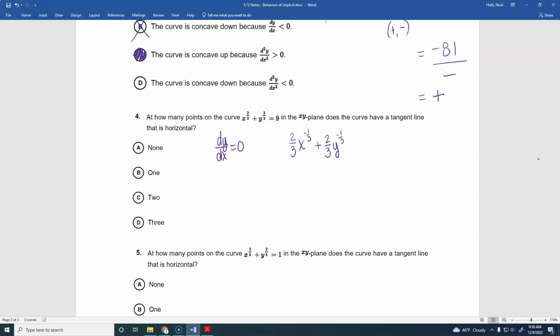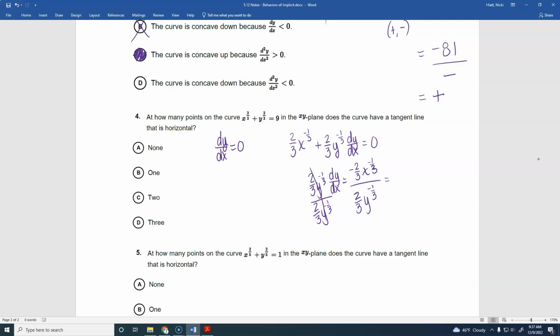It needs something with that second one because we took the dy dx, and that will equal 0 because the derivative of 9 is 0. So if we solve that for dy dx, we will have dy dx equals negative 2/3 x to the negative 1/2. Oh wait, I should still have my 2/3 y to the negative 1/3 here. We'll divide both sides by 2/3 y to the negative 1/3. Should be a 1/3.